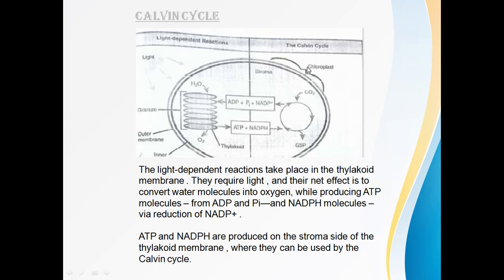So the Calvin cycle, we can also call it light independent reactions because it is taking the energy in the form of ATP produced during the reactions which occur in the presence of light.